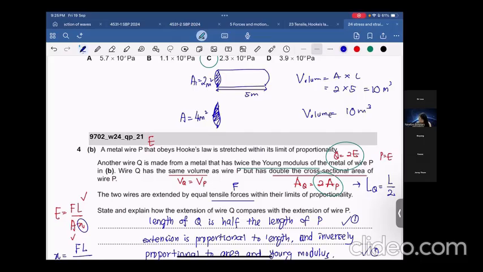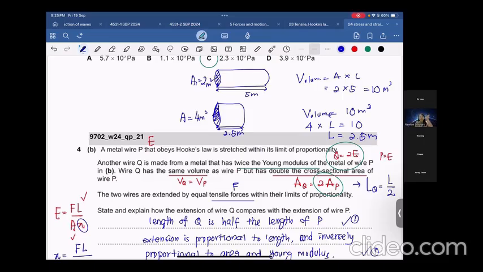My area is 4, 4 times the length gives 10, so 10 divided by 4 gives 2.5. That means the length will become 2.5 meter. Got it? Yes, good job.